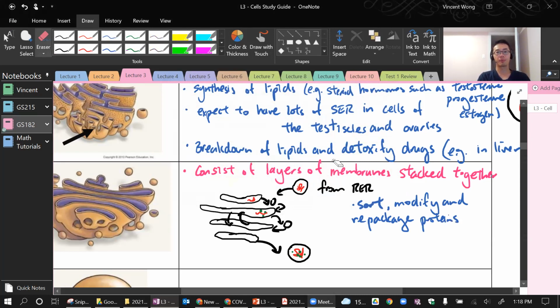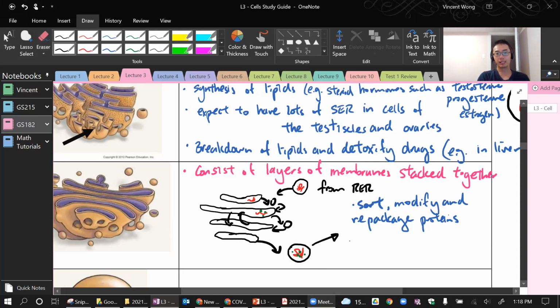And these are proteins that are from the rough ER. So there are a couple of destinations for these repackaged vesicles.